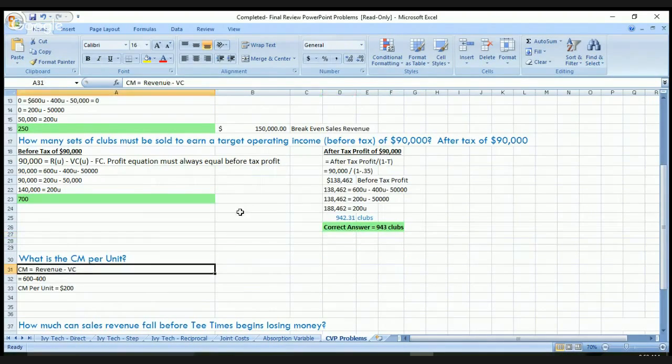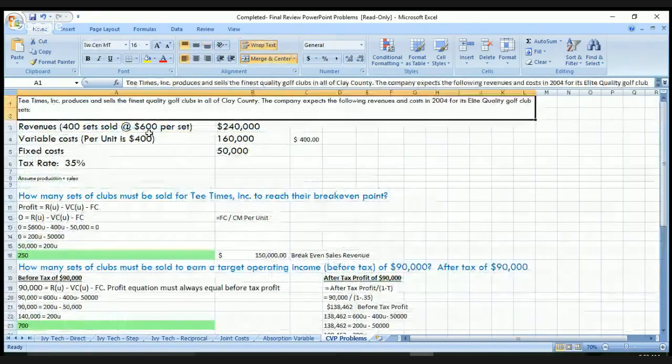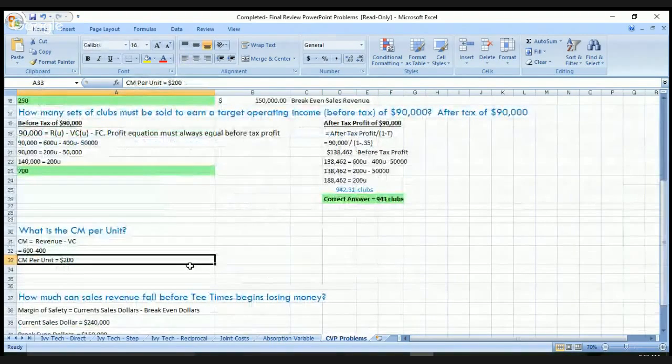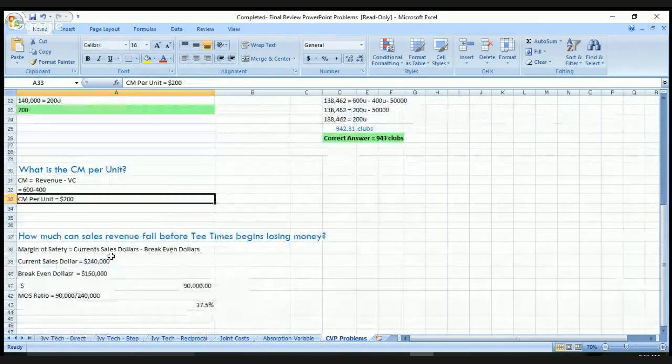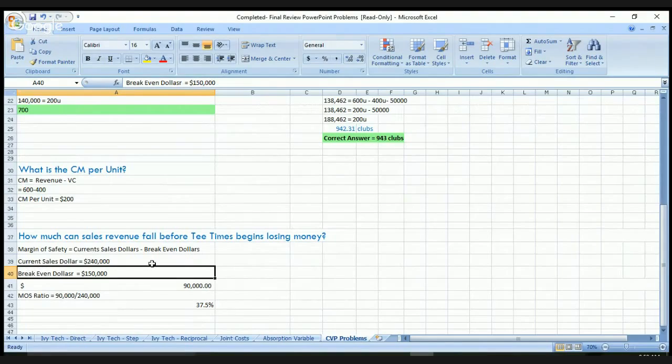Now, what is my contribution margin per unit? I'm going to take the 600 minus the 400. So my contribution margin is 200 per unit. So now my margin of safety: the 240,000 is my current sales dollars. My break even is 150,000.